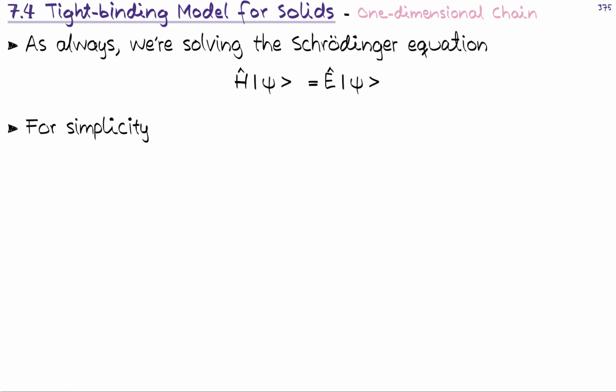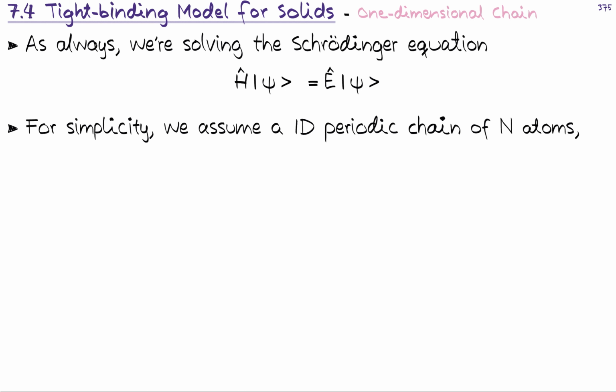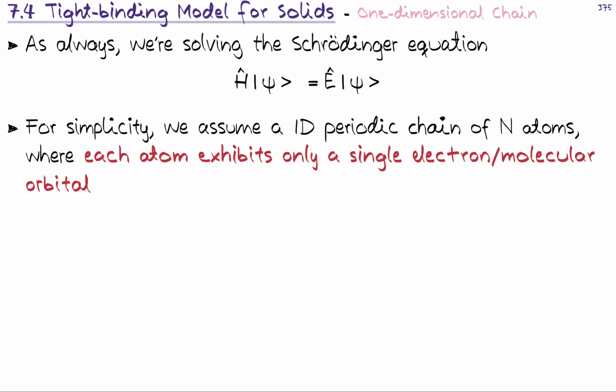For simplicity, we restrict our treatment to a one-dimensional periodic chain of atoms, and we have n atoms in total. Each atom here, and this is also an assumption we make, exhibits only a single electron or molecular orbital, and we denote this orbital by |i⟩.